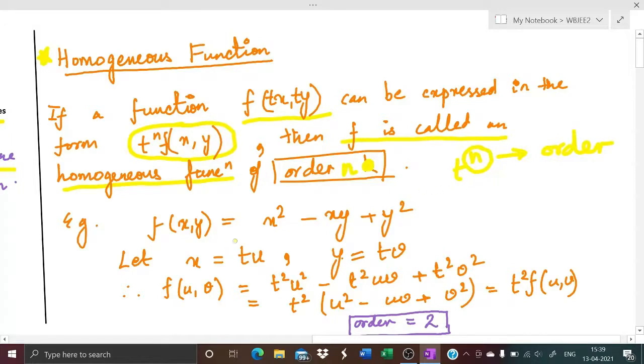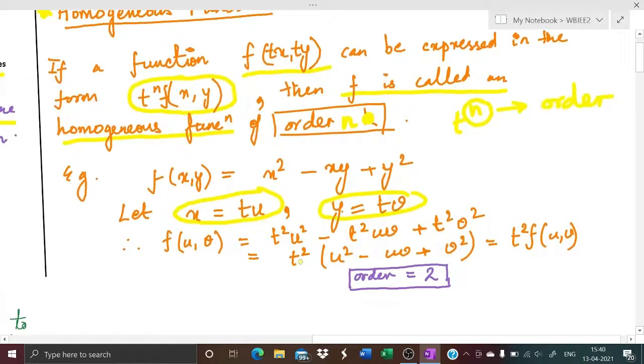Okay, so here I have taken an example. Suppose you have been given a function of two variables as x square minus xy plus y square. Now, how will you find out the order? So you will put x equals tu, y equals tv. Then you put the values in this equation and solve it.